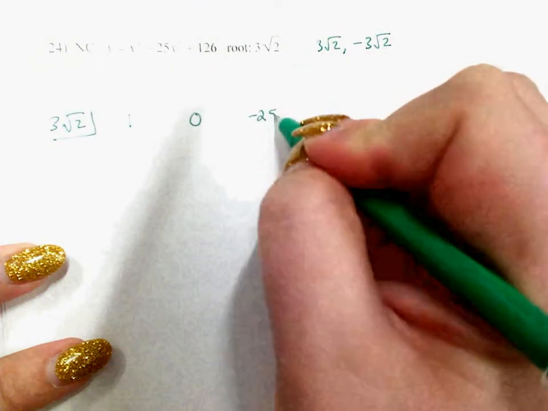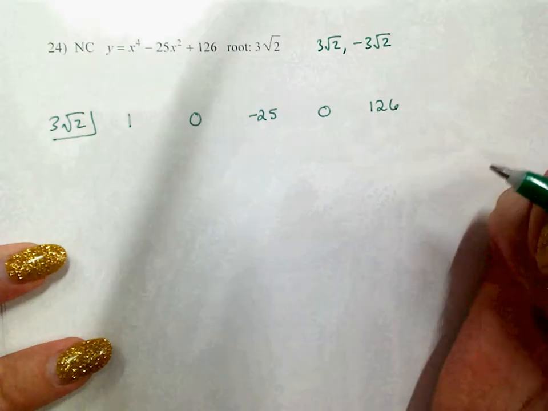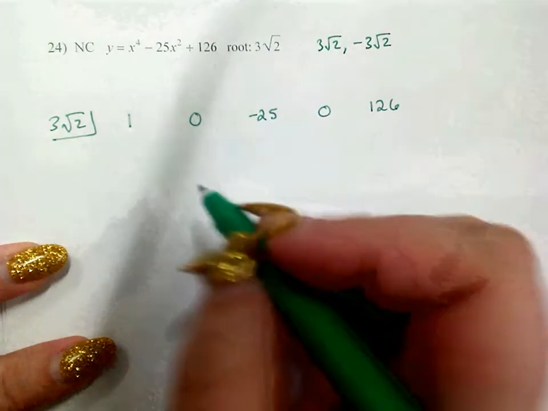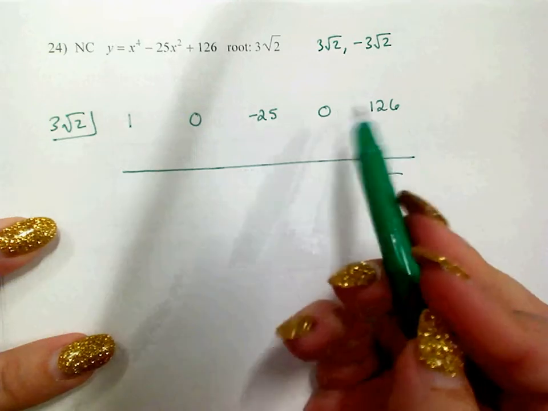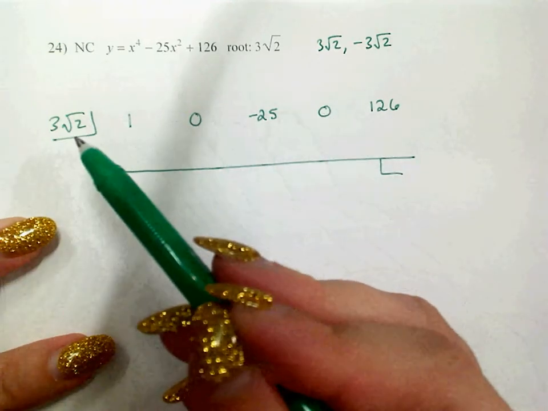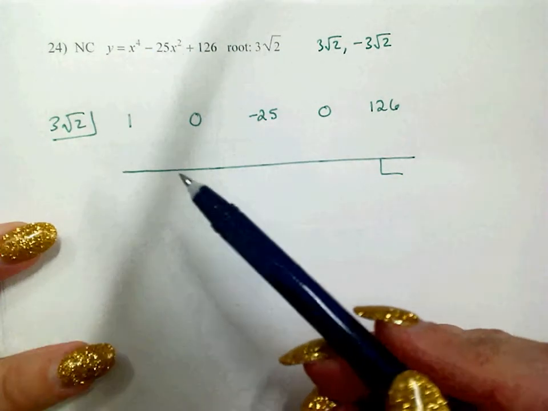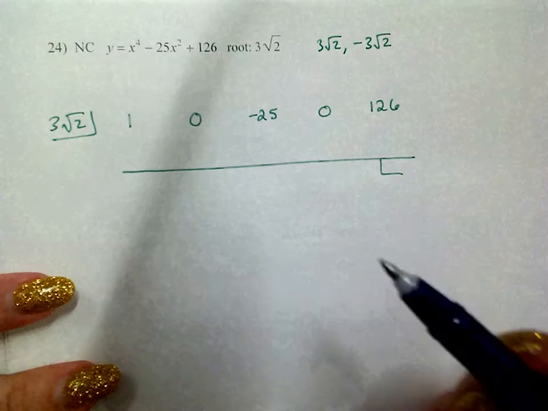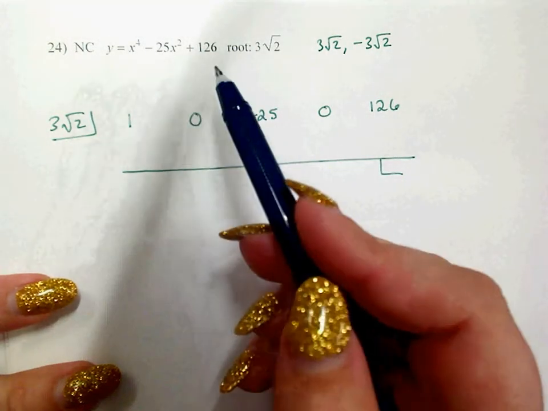Why do I have to put the zeros in there? We gotta have placeholders for the cubic and the linear that are not there. So I don't need a ton of space because it's not a binomial, it's just a single term. Although it would be more fun because it's 3 root 2. This is a non-calculator question, guys, so it's not like I could graph this and see if I could find the other ones, right? So the only thing you can do is to divide these out.